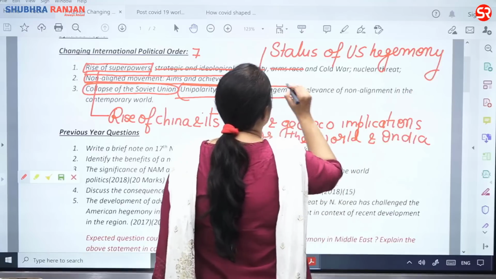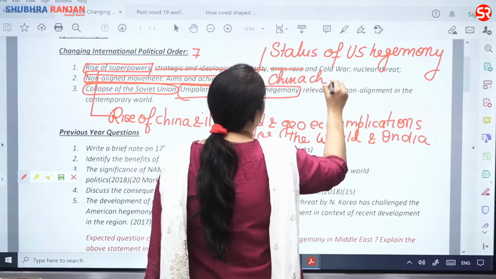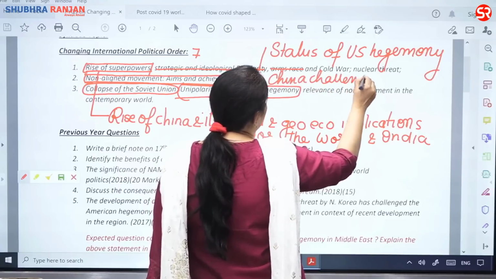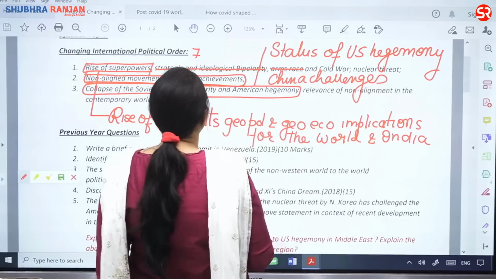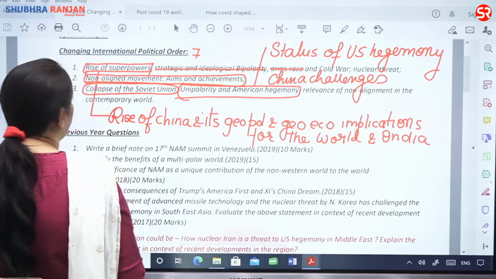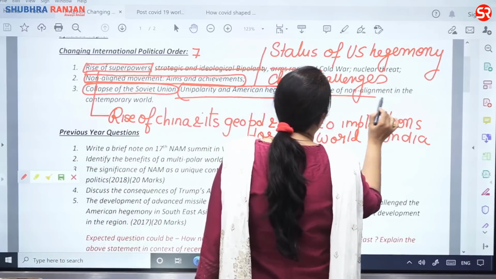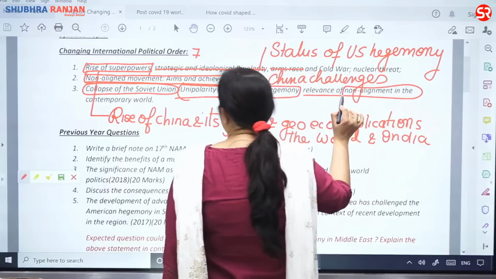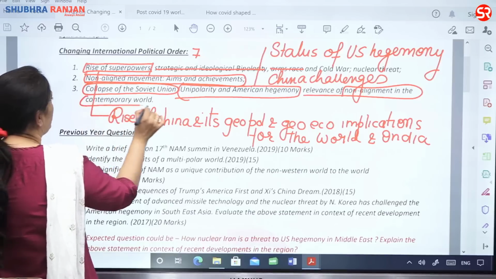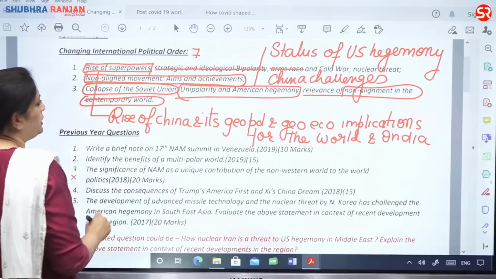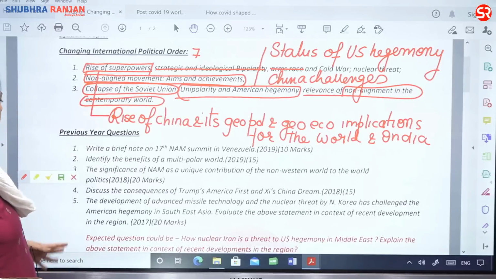There can be a question on China's challenge to US hegemony, and besides China there are other challenges to US hegemony, and the relevance of non-alignment as a foreign policy for India in the contemporary world. Fine. So these are the topics which are important.